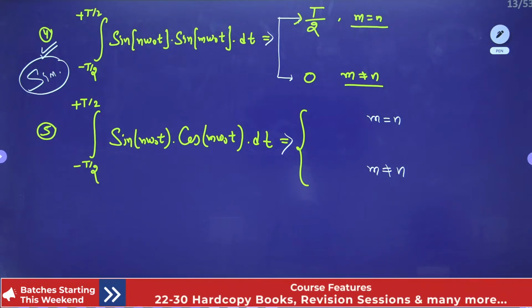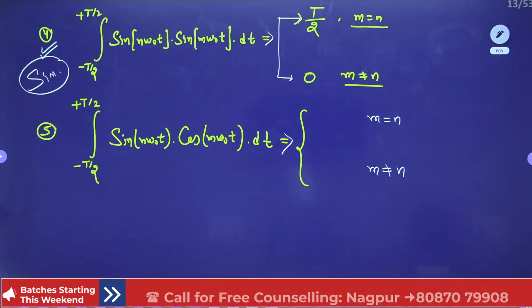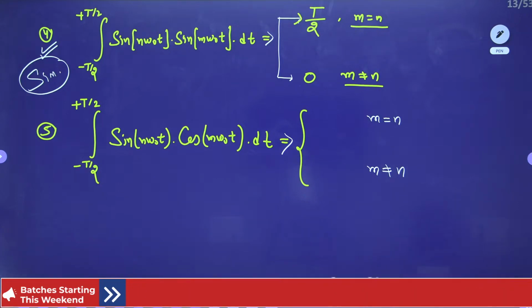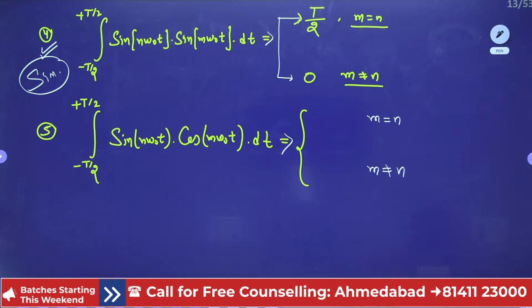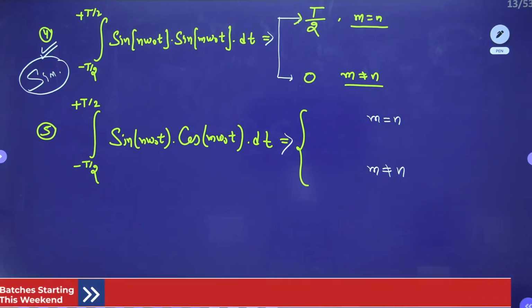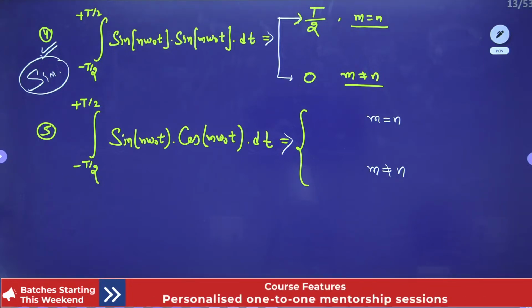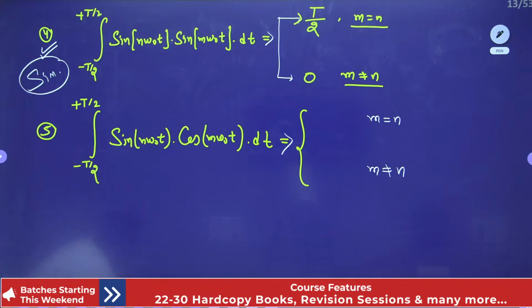Shall we go for next? Speak, children, speak, you will have to speak quickly. Vaidehi says that, sir, both values are 0, sir.